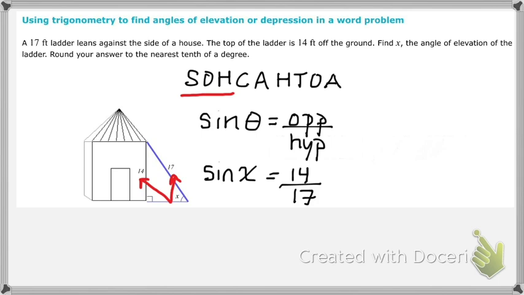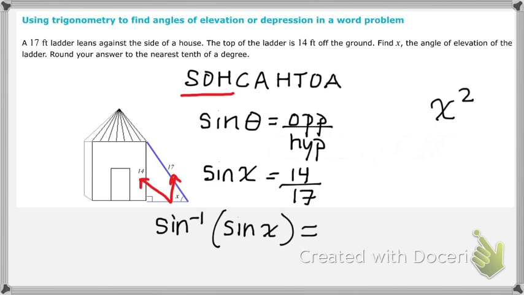And the way that we find that is by using inverse sine. If I take the inverse sine of the left side, that's kind of like a radical undoing itself, right? If I look at x squared, if I do the square root of x squared, that's equal to x.